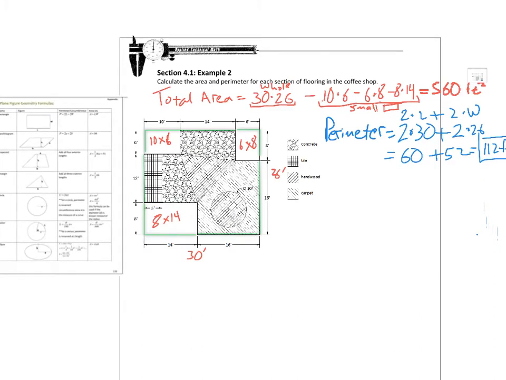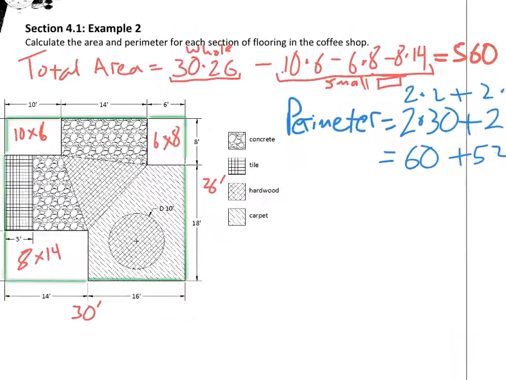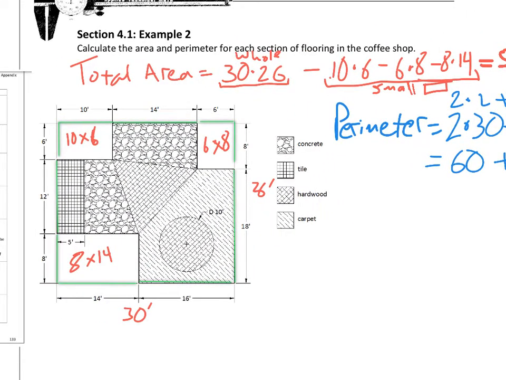Let's look at some different shapes here. Let's start with the tile. We're going to find the different areas. The tile here is this area right here. It's a rectangle, and there's only one area of tile. I'm guessing that's where the serving area is.